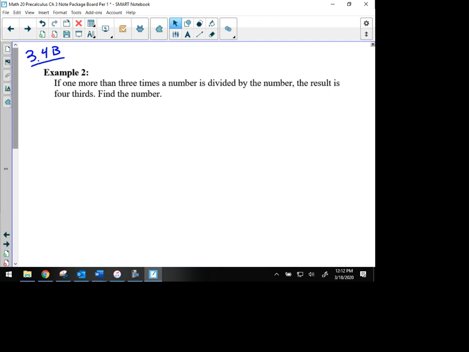One thing that we want to do, especially talking about this number, is notice that it's referring to a number over and over again. 3 times a number is divided by the number. The result is 4/3. Find the number. So there's this number that's existing, and we want to find it. So we're going to say that the number is x.